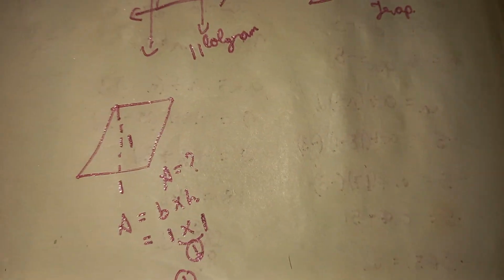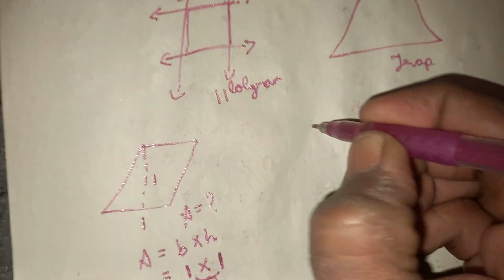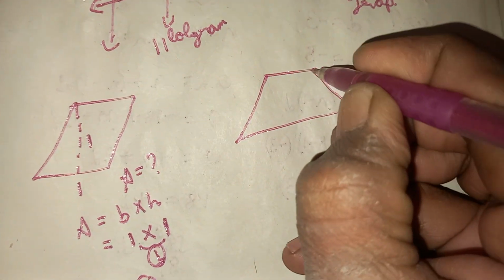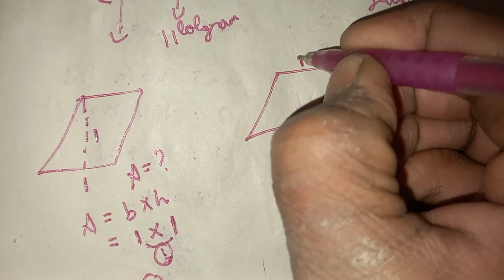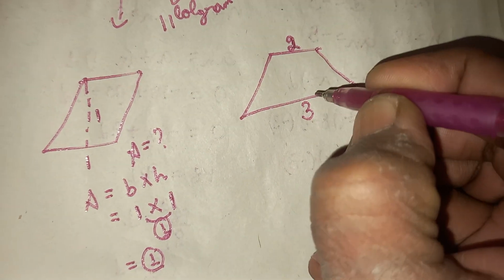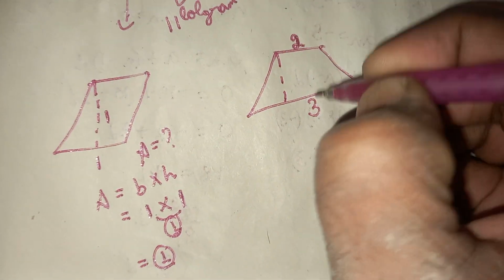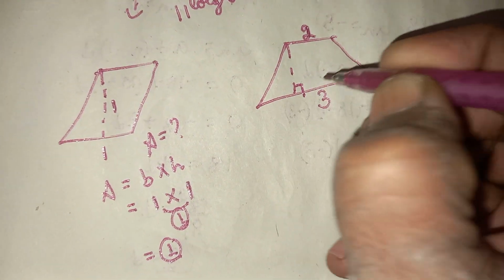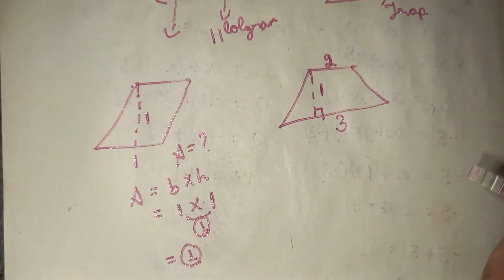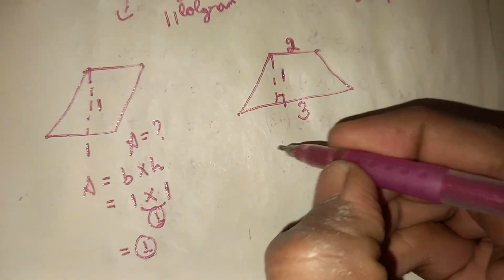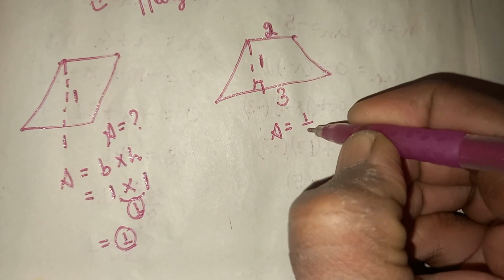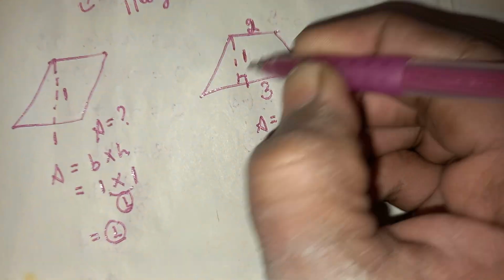Let's take a trapezium. In this trapezium, they have given that this above side is 2 units, the below parallel side is 3 units, and these two sides are parallel lines, and the perpendicular height is just 1 unit. The area of a trapezium can be written as half times the sum of the parallel sides.